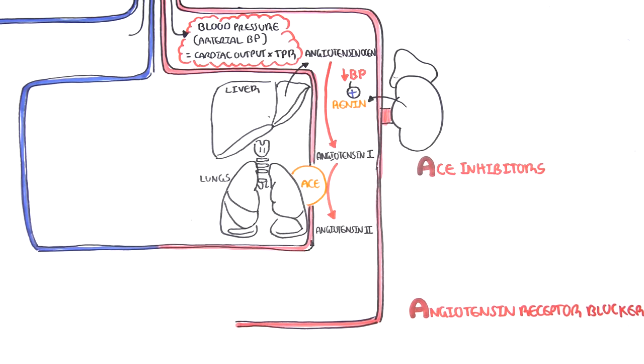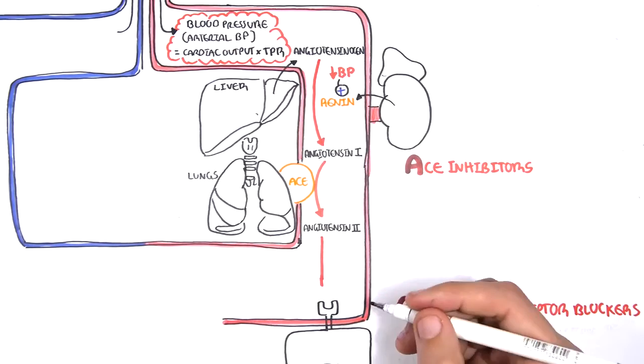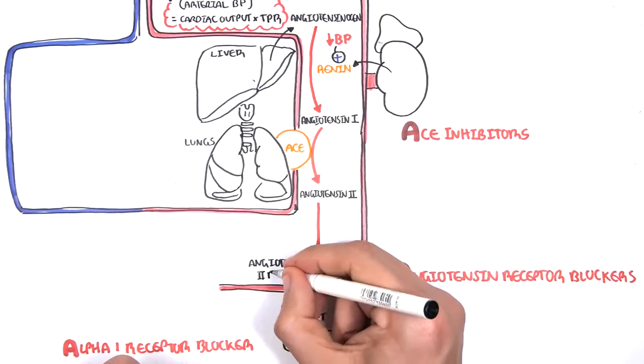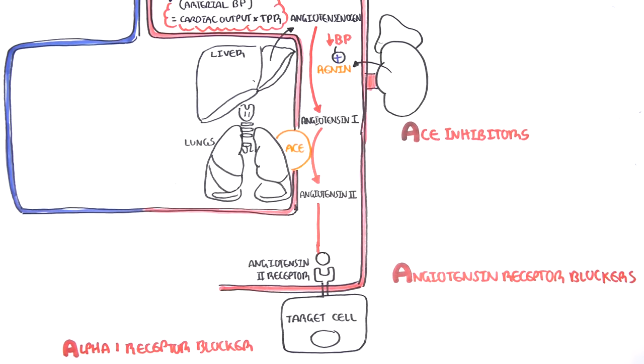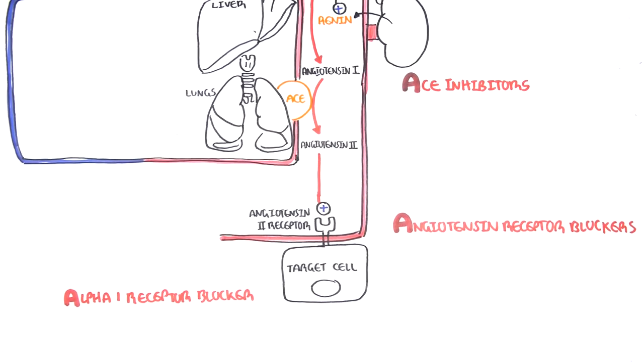Angiotensin 2 is an important regulator of blood pressure, and basically it increases blood pressure via a number of mechanisms. Angiotensin 2 binds onto angiotensin 2 receptors on many different types of cells around our body, and depending on what cell angiotensin binds to, its effect on the body differs.